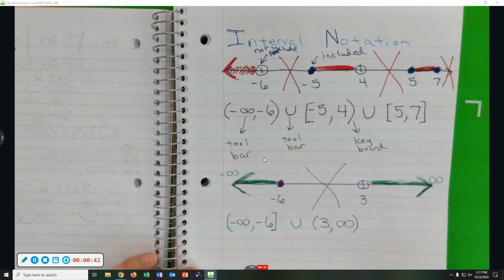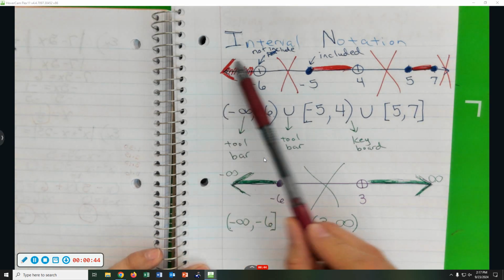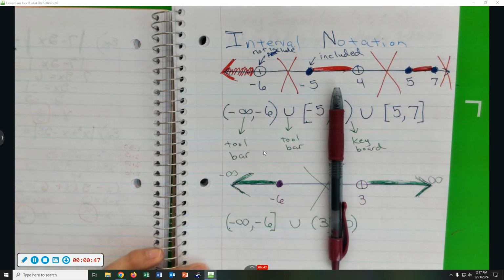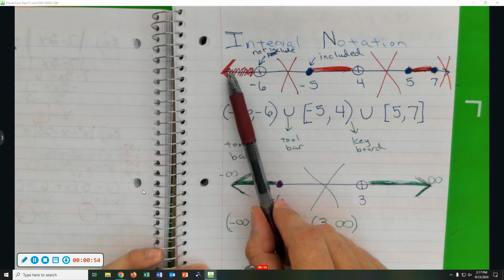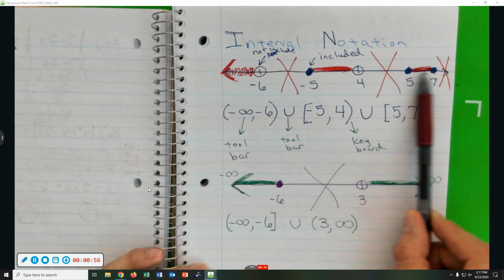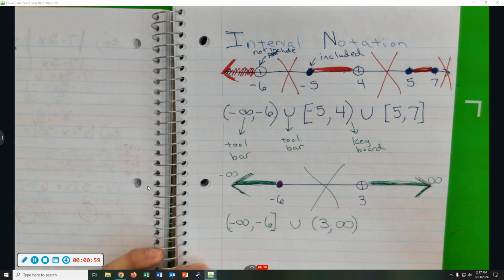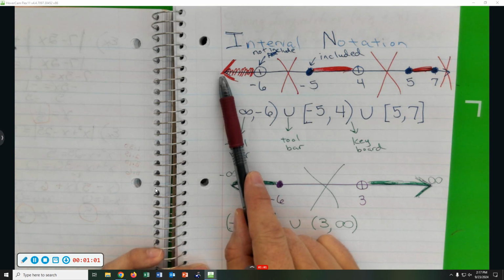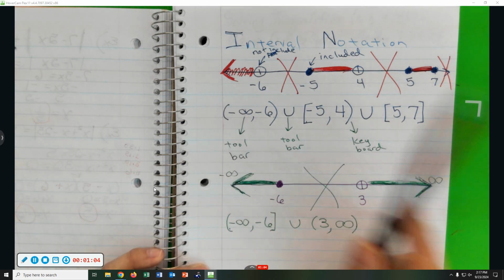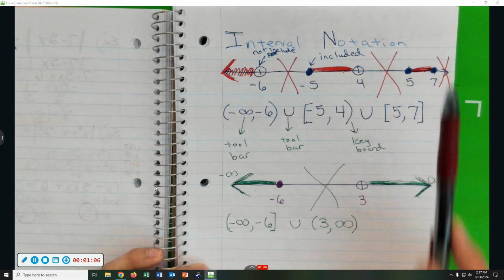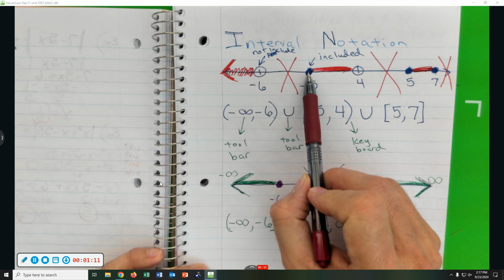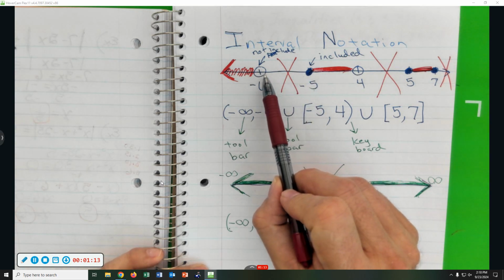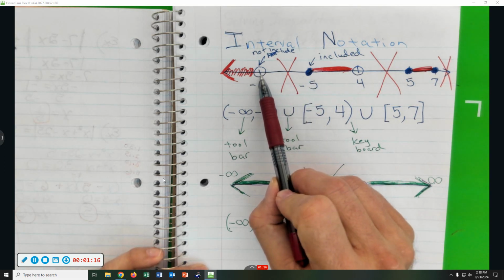And at the end of class on Wednesday, we were trying to review something called interval notation because that's going to be part of the procedure. With interval notation, we have shaded regions on a number line, and you'll have open and closed circles at each number. The open circles mean you're not including the number.